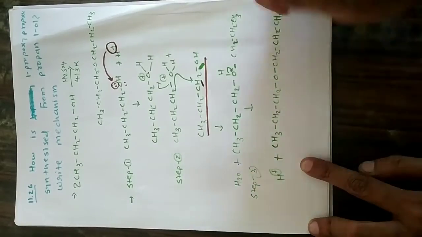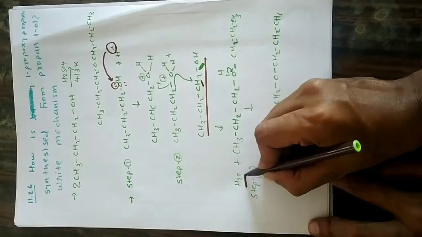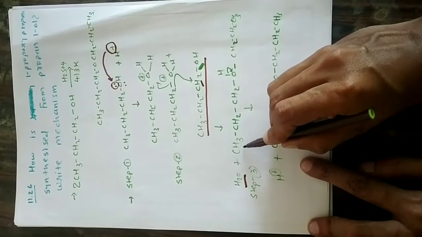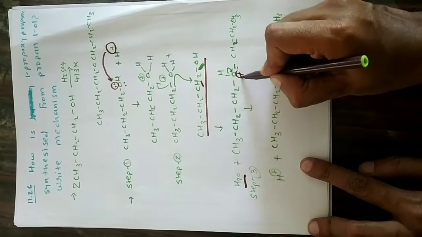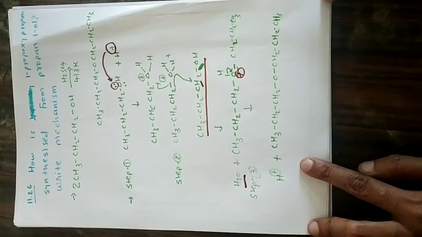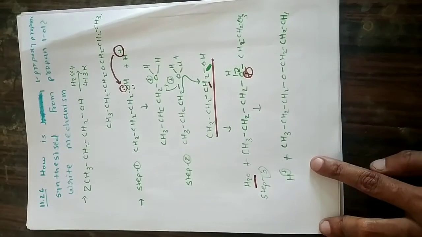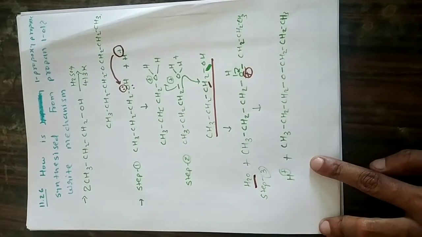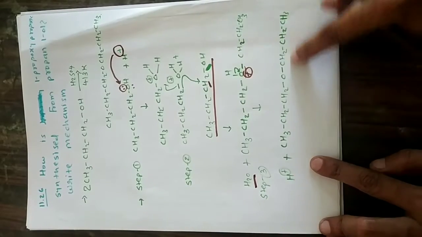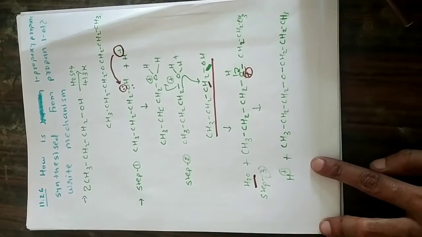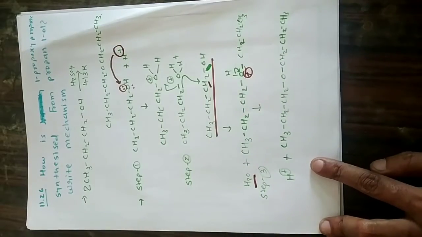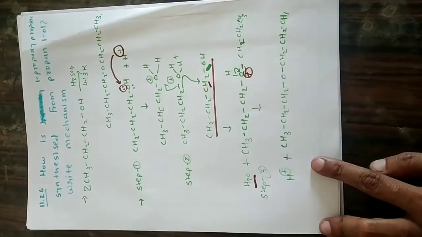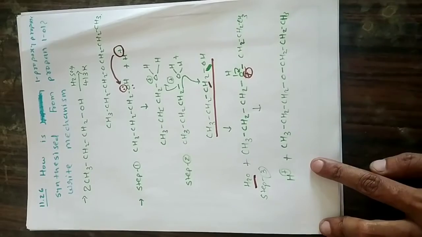So H2O will be removed here, and we get this positive ion in the second step. In the third step, this hydrogen is removed as H plus and we get our ether. So this is the mechanism of preparation of ether using H2SO4.